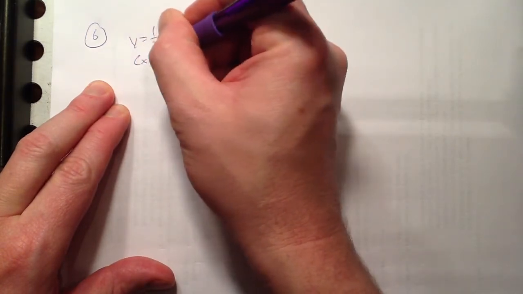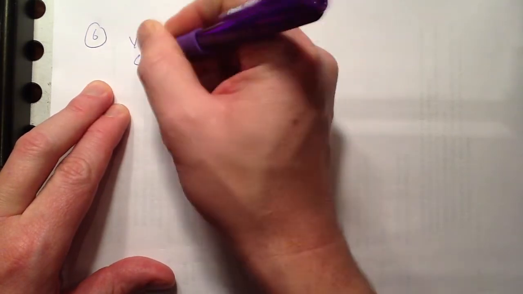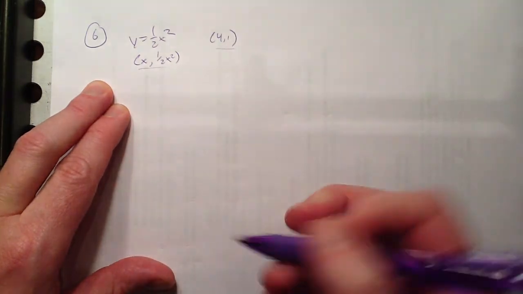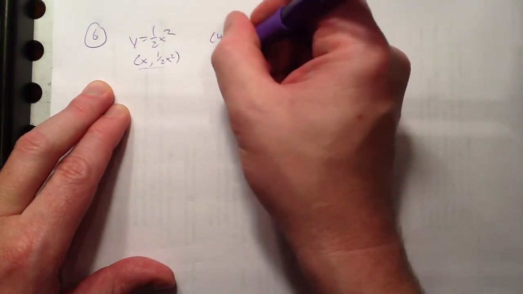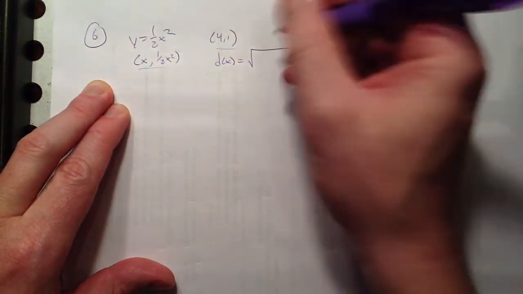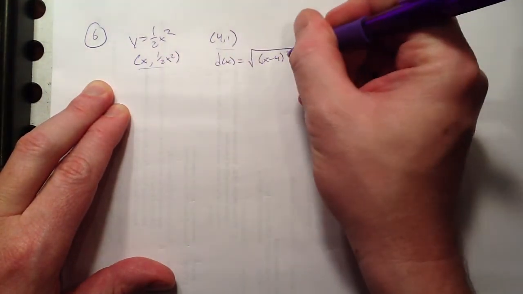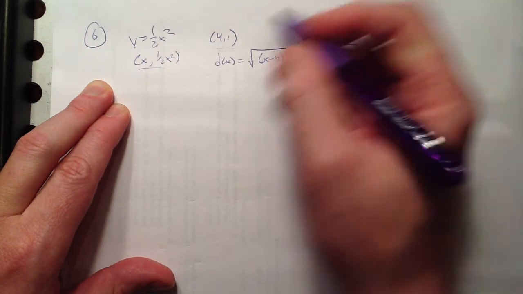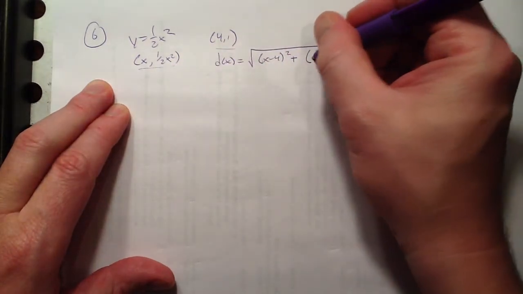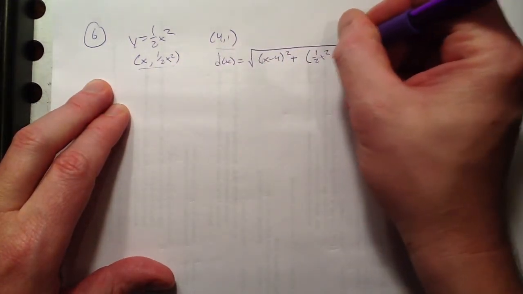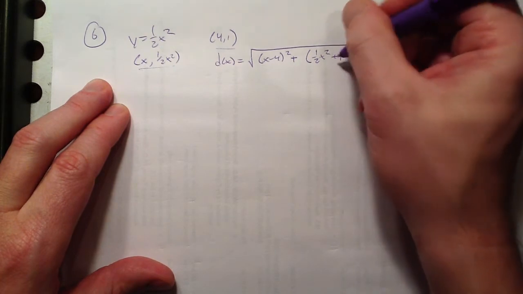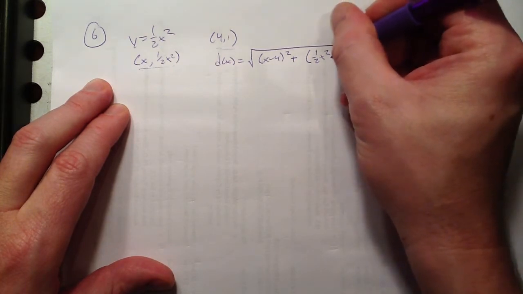Points on this look like that. So I'm trying to do the distance between these. x minus x plus y minus y. Oops, minus. Excuse me.